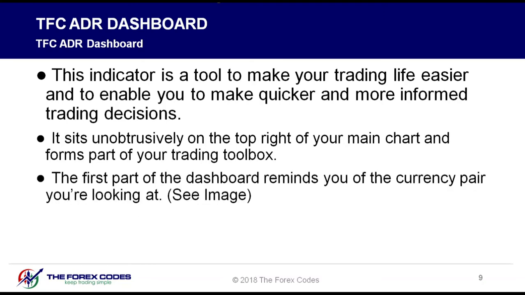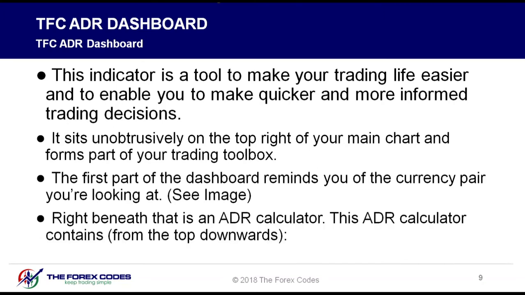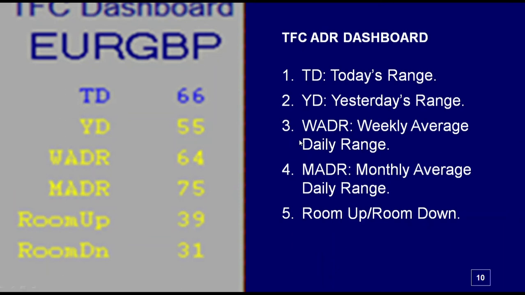And the first part of the dashboard reminds you of the currency pair. Again, I'll show you a chart of this in a second. You're looking at, see image coming up, and right beneath that is an ADR calculator, and this calculator contains several things. Not the best slide in the world, but we've got the TFC dashboard.